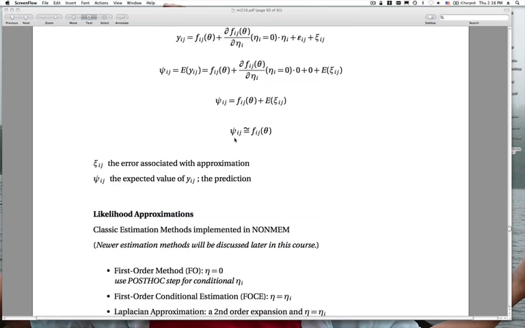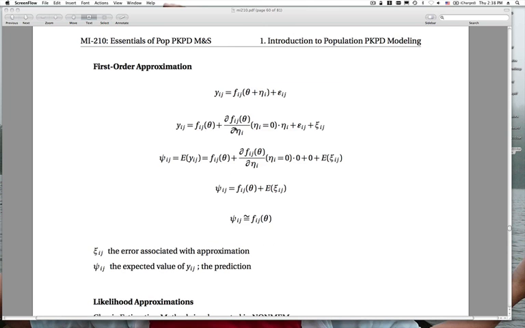So if we go back to that specification up here, instead of evaluating this at eta_i equal to 0, it's evaluated at eta_i equal to the individual eta, which requires then within each iteration, in each evaluation, that there has to be a search for the individual specific parameters as well as the population parameters.